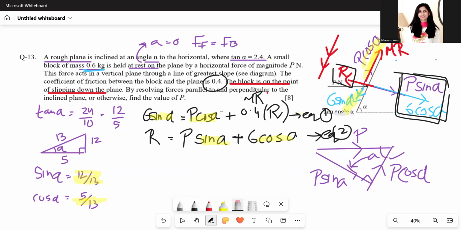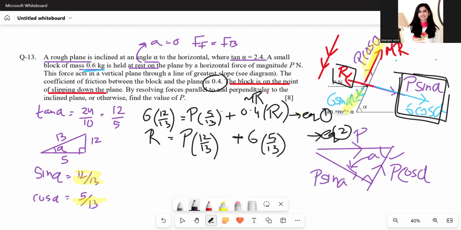So sine alpha is 12 by 13. Let me write that here. Cos alpha is 5 by 13. And similarly, sine alpha is 12 by 13. And cos alpha is 5 by 13.